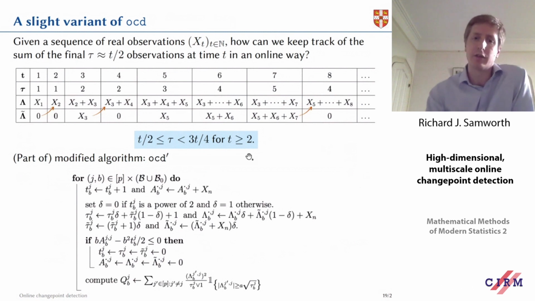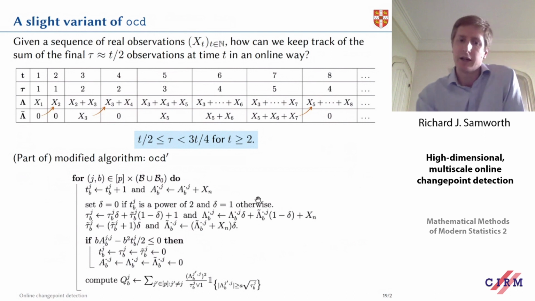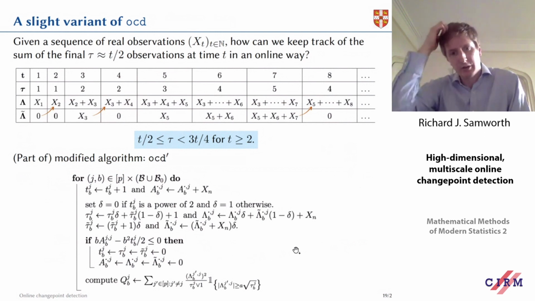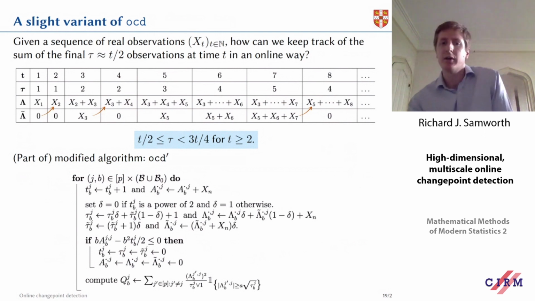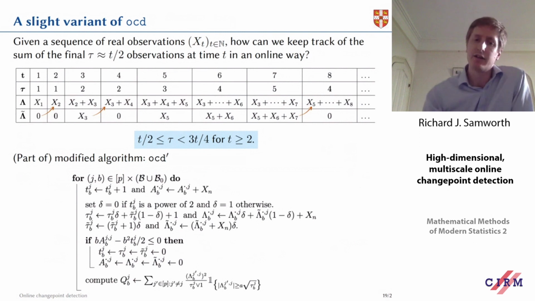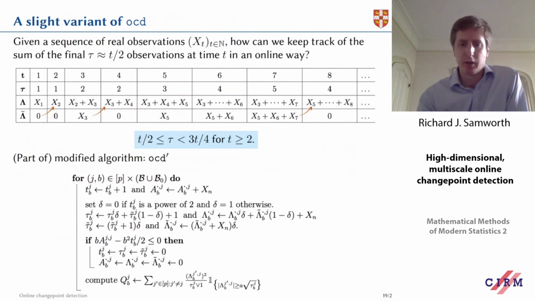In fact, between half and 3/4 of the most recent observations. What that allows us to do is to slightly modify the algorithm. It's a little bit complicated to follow in real time, but it's not that difficult to code. And this allows us to prove theoretical guarantees for the OCD prime algorithm. In practice, as I said, it doesn't make very much difference compared with the original OCD algorithm.